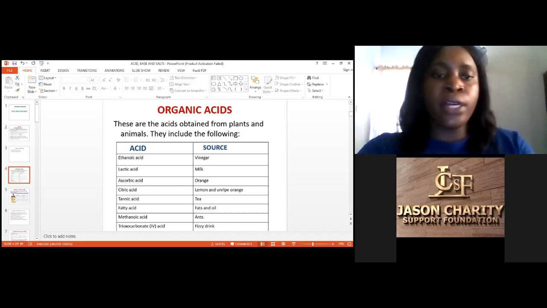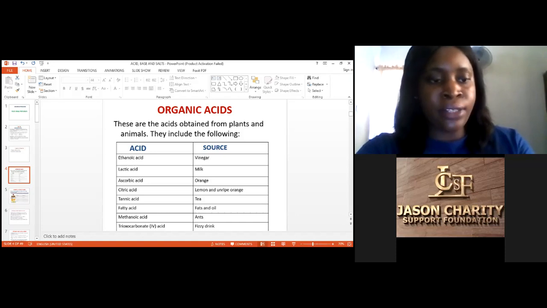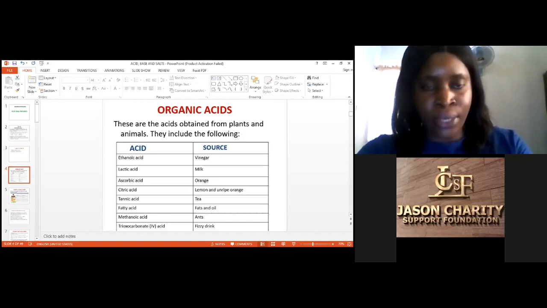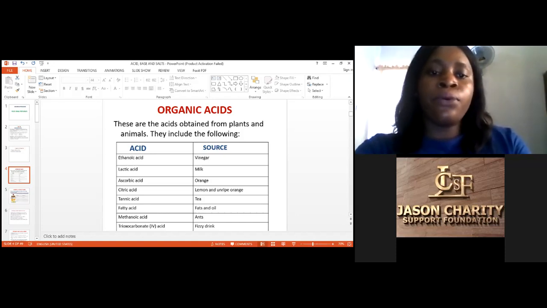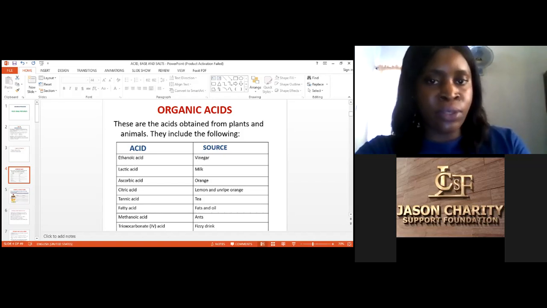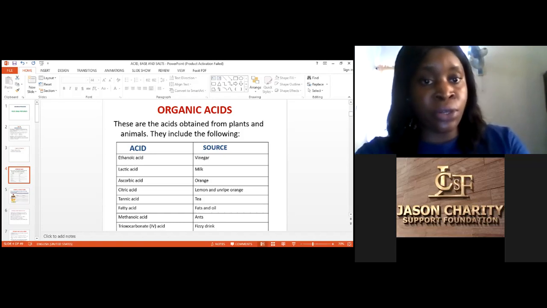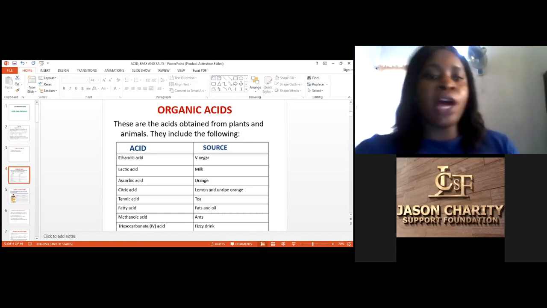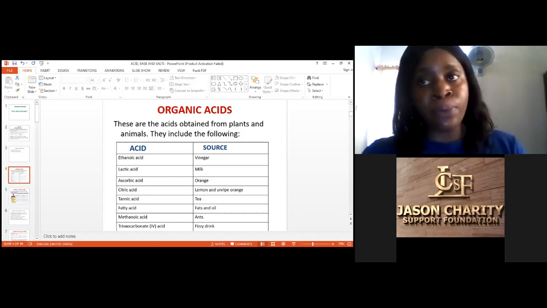So the first one is ethanoic acid. Now, it is gotten from vinegar. Okay. Now we also have the lactic acid, which is gotten from milk. We also have the ascorbic acid, which is gotten from orange. We also have the citric acid, which is gotten from lemon and also unripe orange.